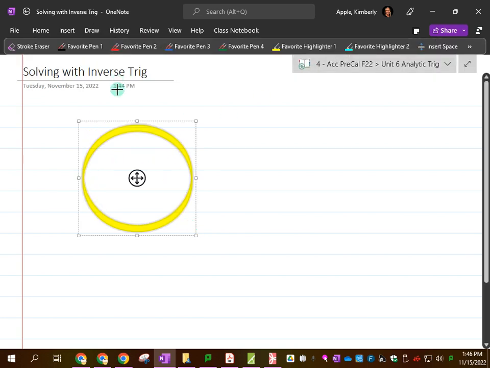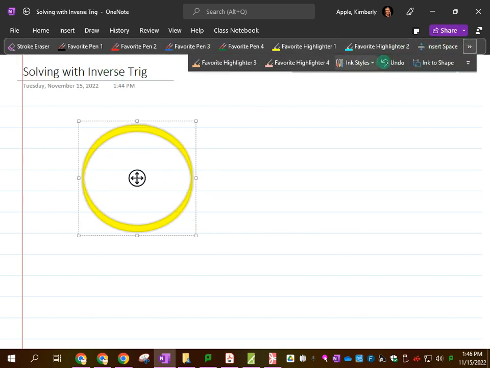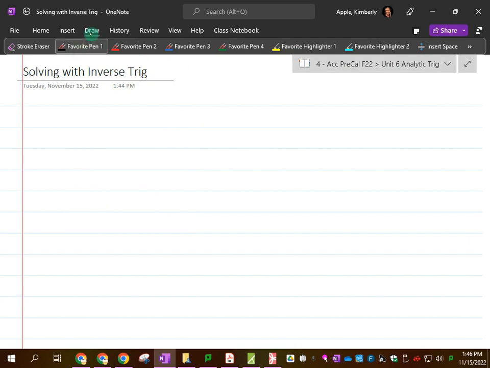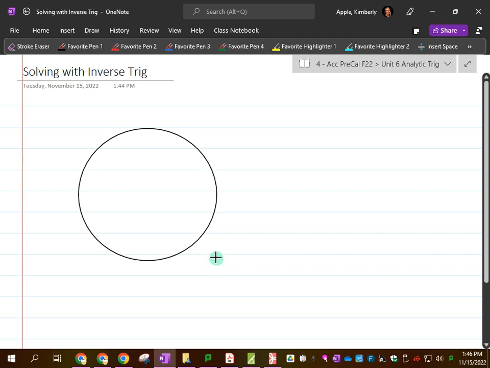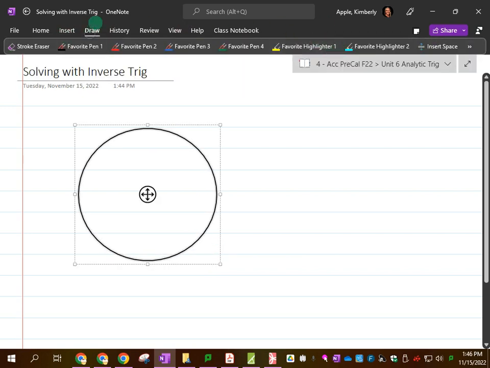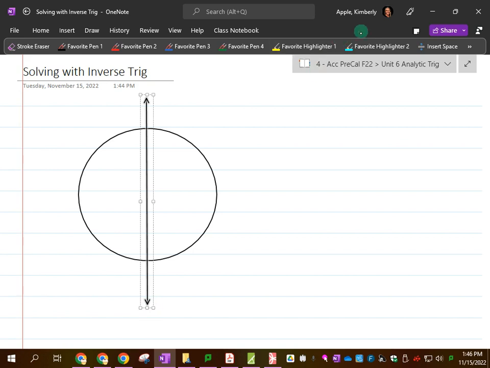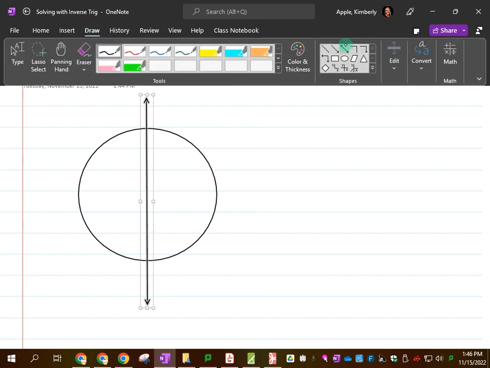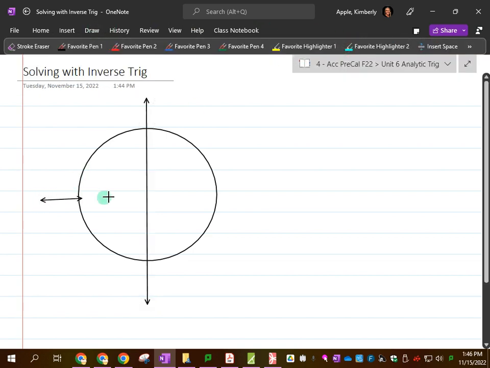If I have a unit circle, and you do not need to draw this, you may wish to really briefly sketch it on your paper. I'll leave that up to you. So, I just have a unit circle.